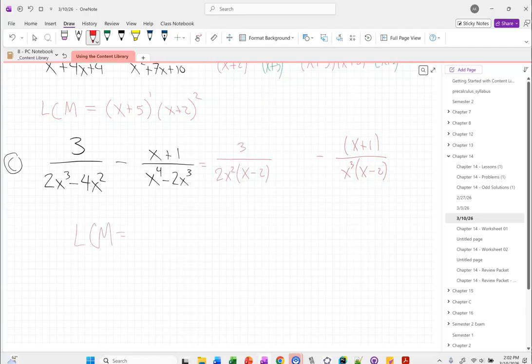All right. Let's make our least common multiple. How many distinct prime factors do you guys see? There are 3. What are the 3? We're only looking at the denominators.